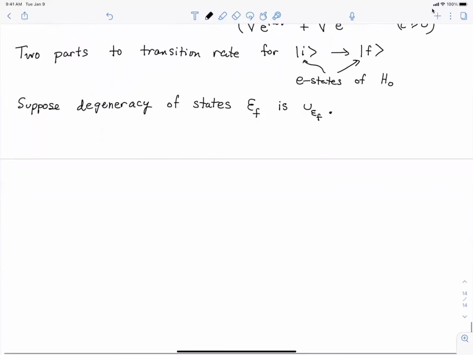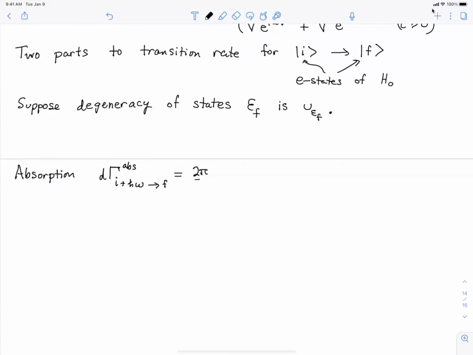Okay, so the two parts that we found, we called absorption. And so the rate for absorption to go from an initial state, and then we're absorbing an amount of energy h bar omega from the perturbation to go to the final state is, and this is Fermi's golden rule. So there's always a 2 pi over h bar.